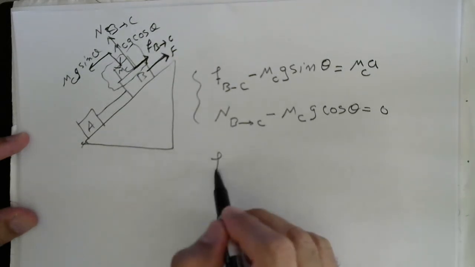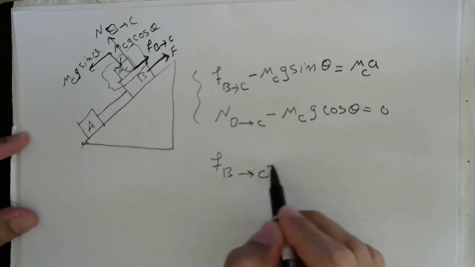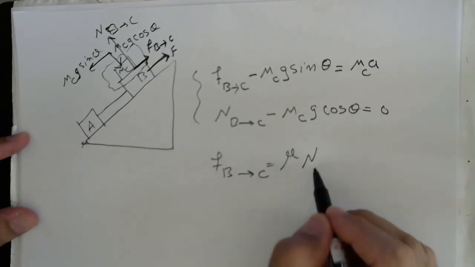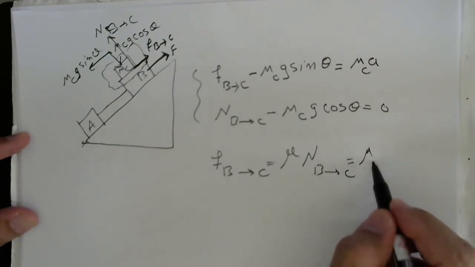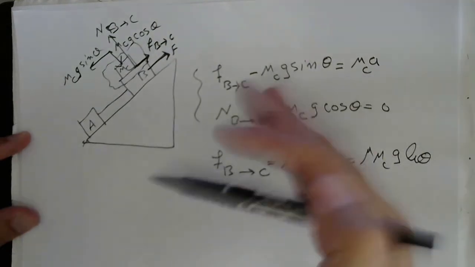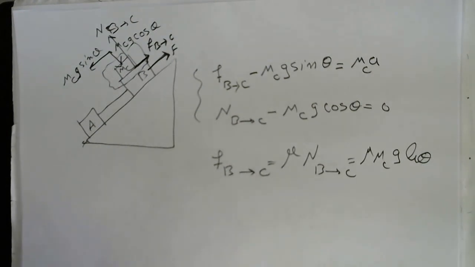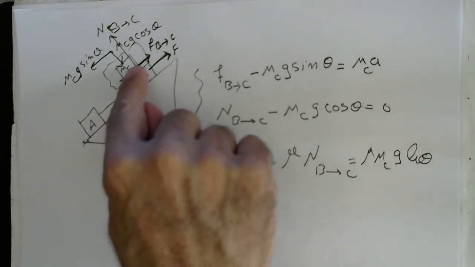And we know that F_B to C is mu N_B to C, which is equal to mu m_C g cosine theta. You can do the math, and based on the parameters of the system, we can calculate the acceleration, the tension, and the frictional force.